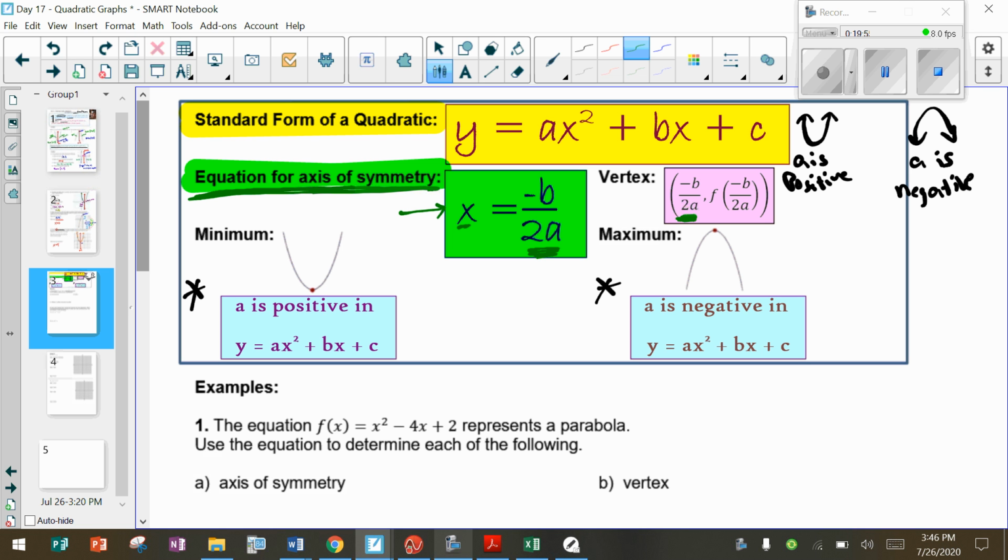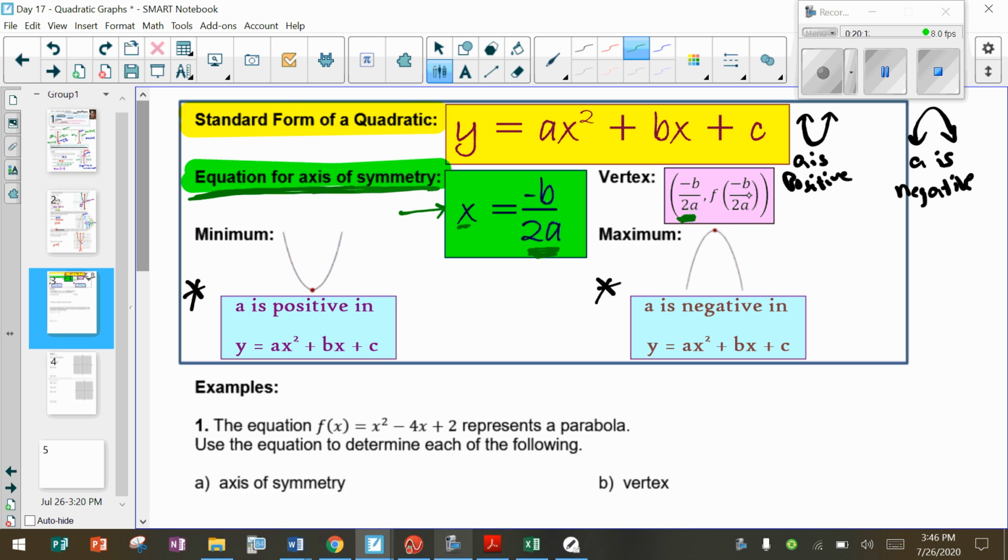If we want to find the actual coordinate of the vertex, I would take whatever x value I found by using negative b over 2a, plug it into the function, and the number that I get is the y coordinate.